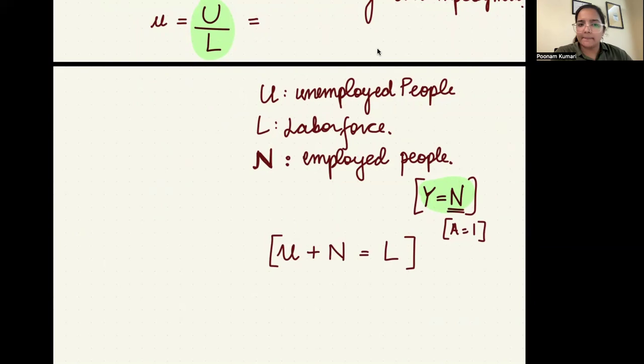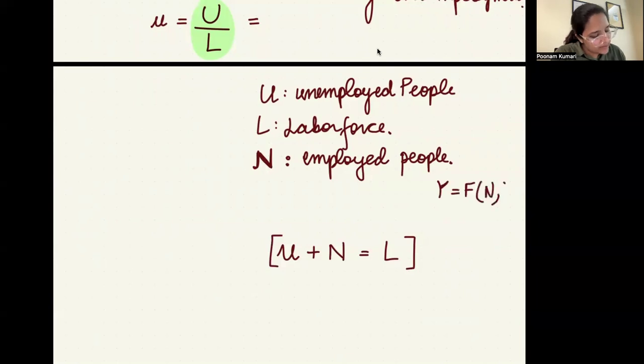This is under those assumptions. Otherwise, Y will be some function of employed people, capital and other things. But again, here also N means the people who are employed, not the labor force.